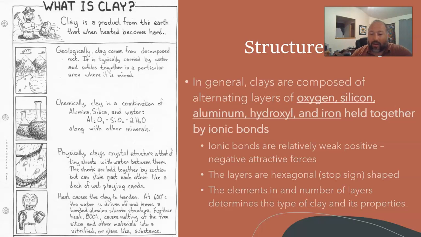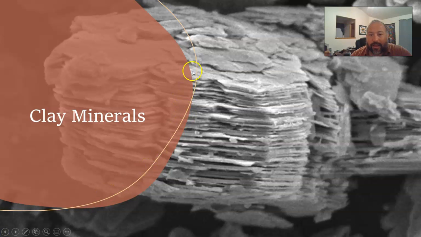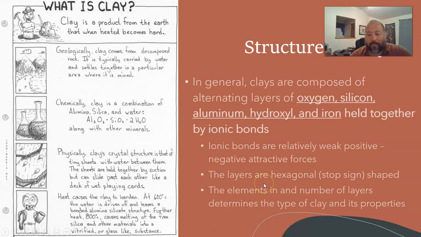The layers are going to be hexagonal or stop sign shaped, which if I go back real quick and we look at that, you can see that hexagonal stop sign shape going. The elements in and number of layers that you have, and sheets, multiple sheets will make up a layer, but the elements in and the number of layers determines the type of clay and its properties.